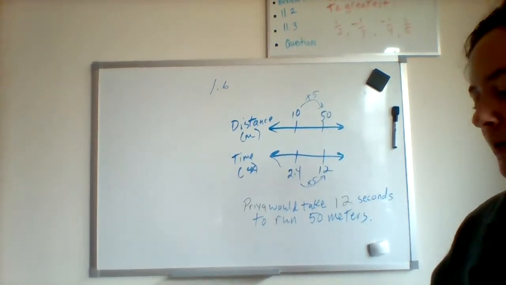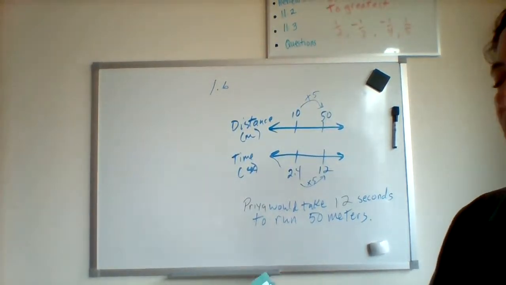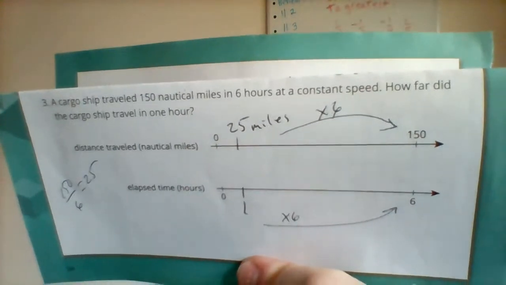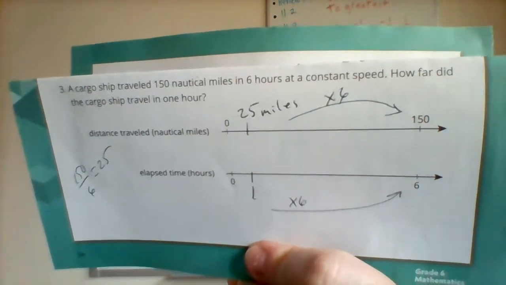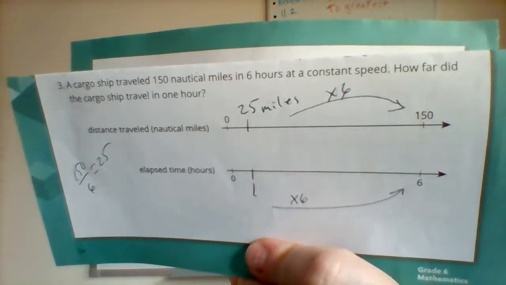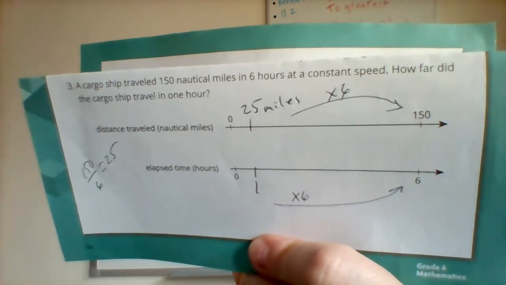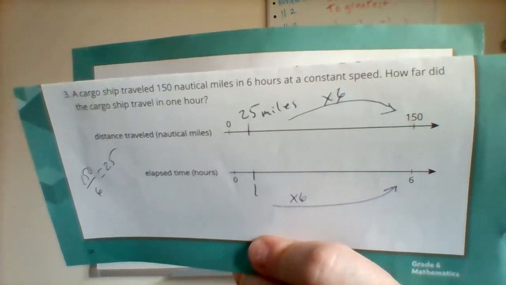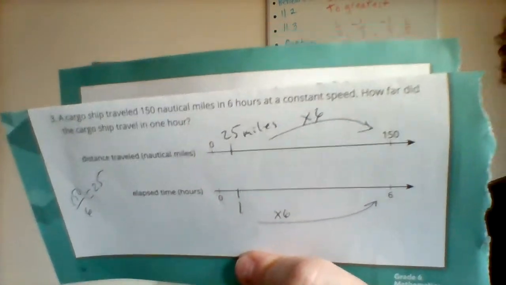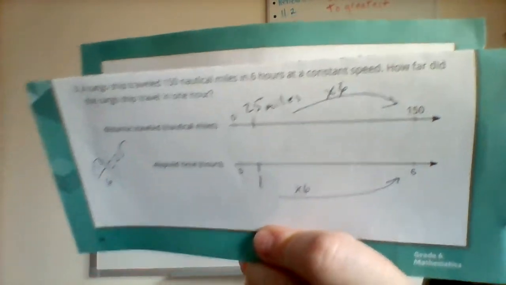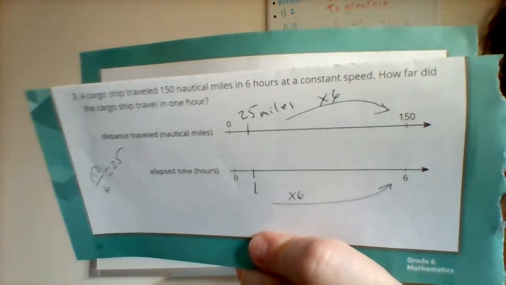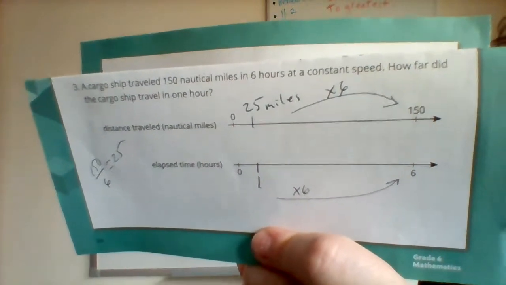Now, for number 3, everybody should have had that it was going 25 miles per hour. They labeled the distance on the top, and they labeled the hours, the time, on the bottom. How do I get from 6 to 1?